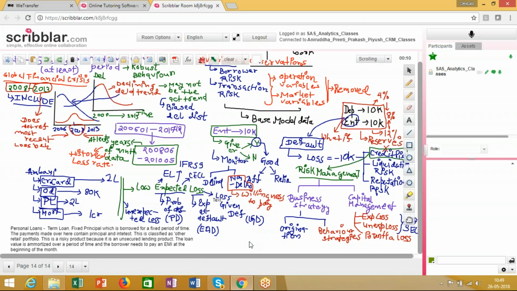I am a borrower, I have taken a personal loan and I am paying it back over a period of time. What are the sources from which the risk of a personal loan can arise?